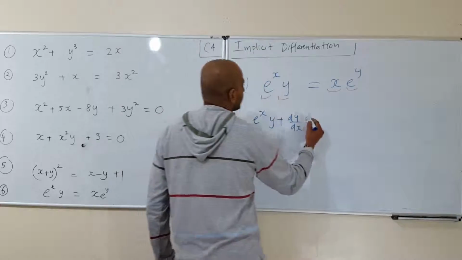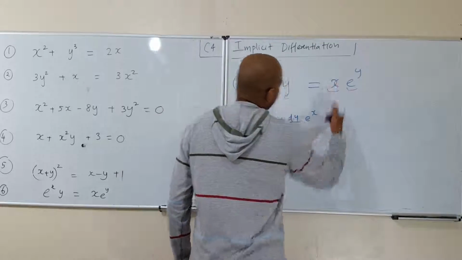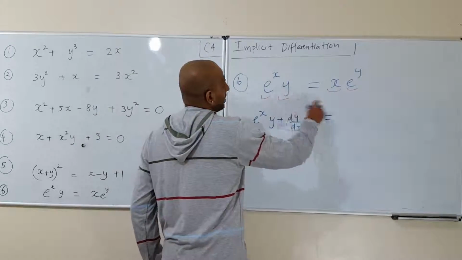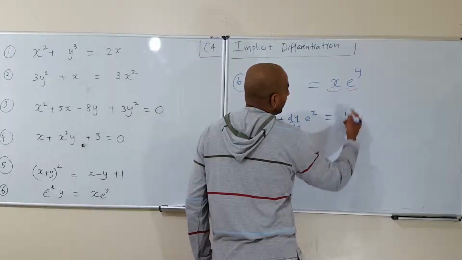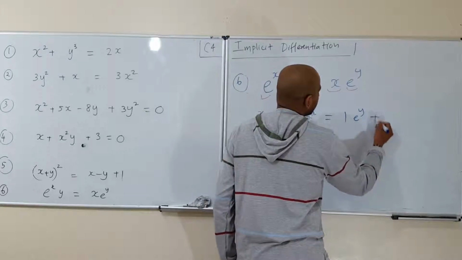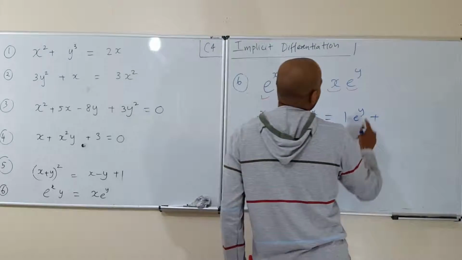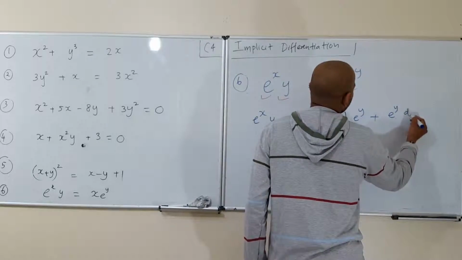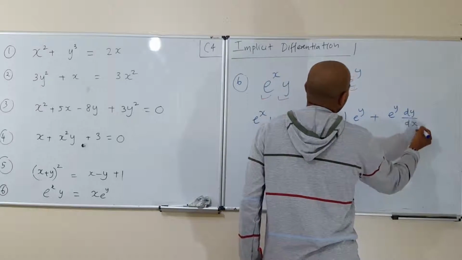Leave that, e^x. And same here. Differentiate that, I'm going to get 1. Leave that, plus differentiate that, e^y dy/dx. Careful. And leave that.